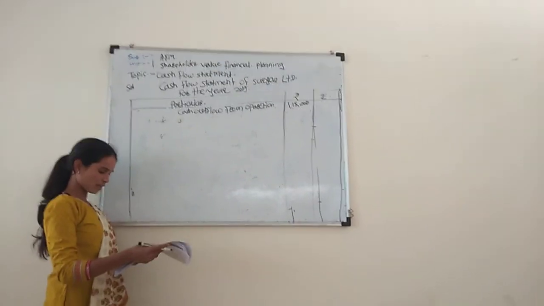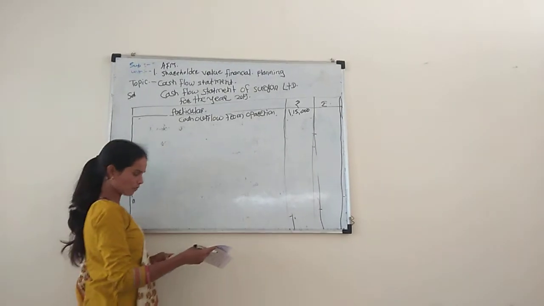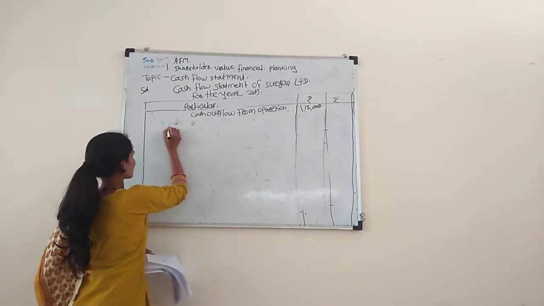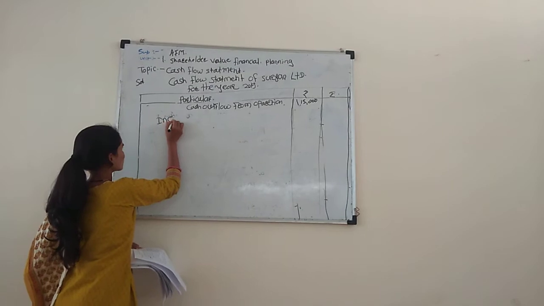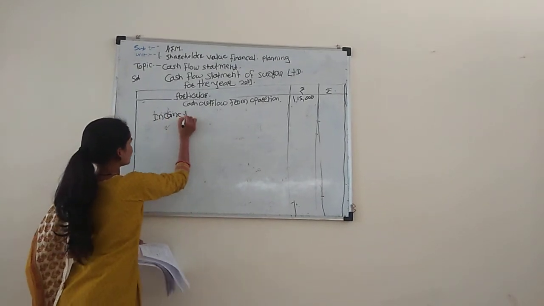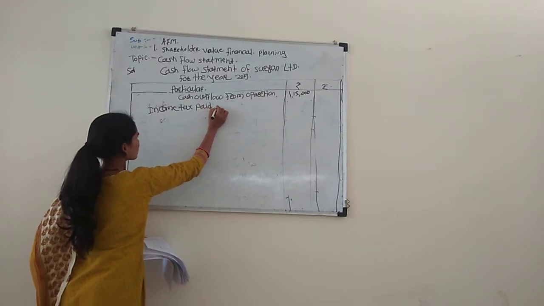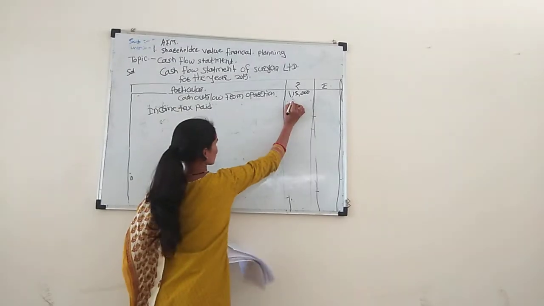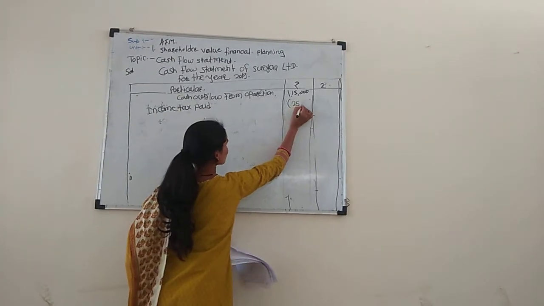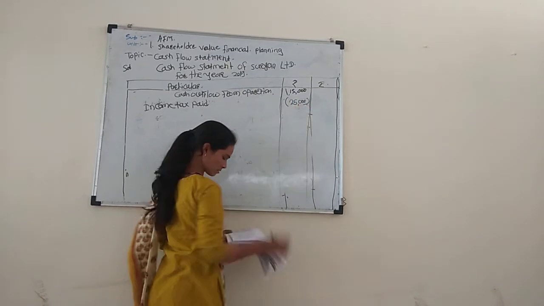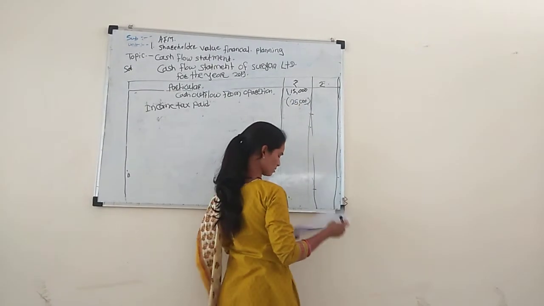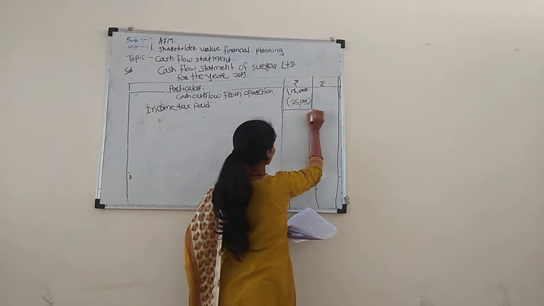And next, income tax paid 25,000. This is equal to 90,000.